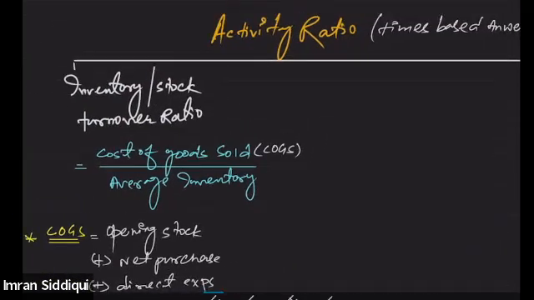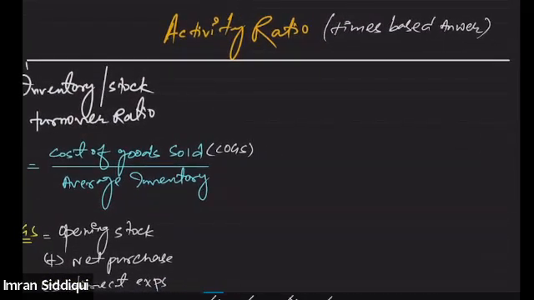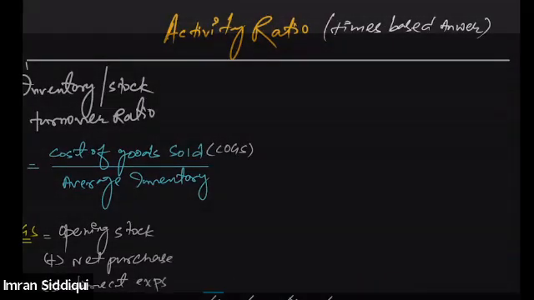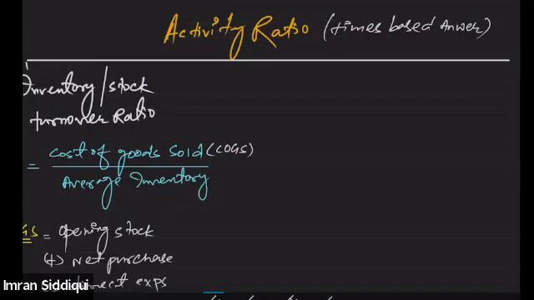Okay. Now let's move to the second variety of ratio under the activity ratio. Next, we have the trade receivable turnover ratio.